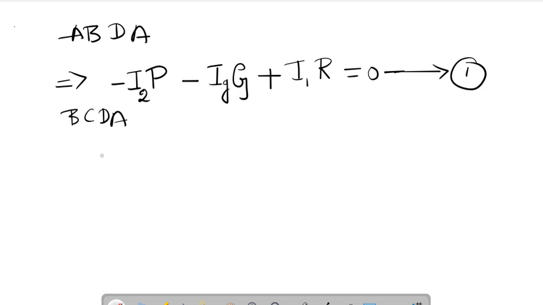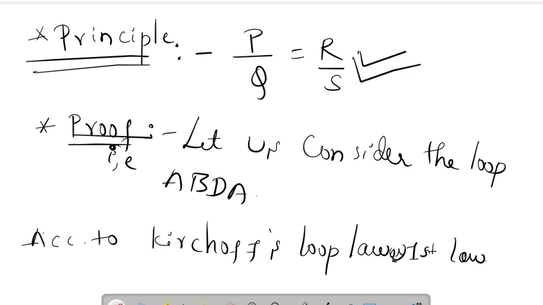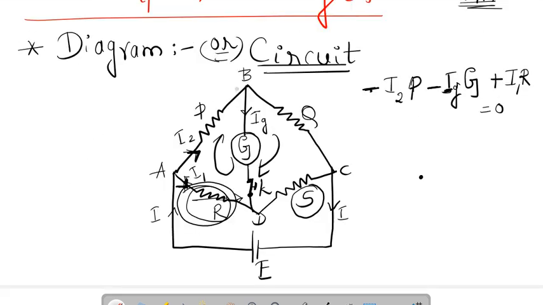Look at the diagram, BCDA. Here this current is I2 minus Ig. Why? Because the current flows from I2 to Ig, so that's why I will write I2 minus Ig.